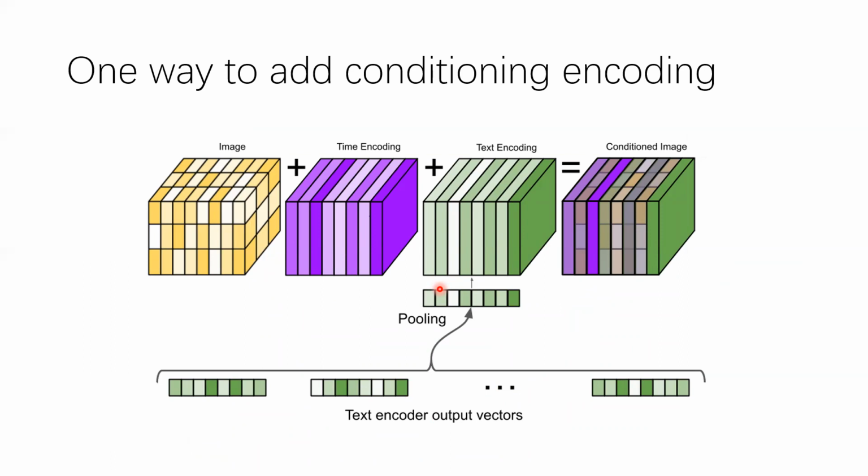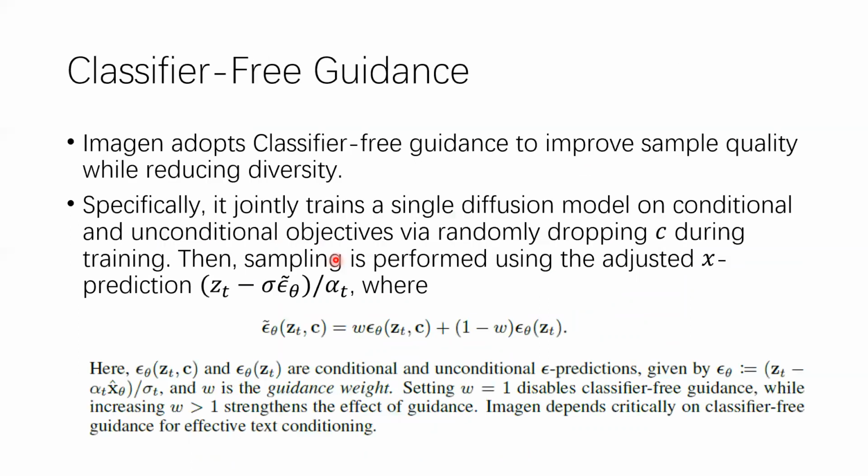One way to do that is to just add them into the images. Another way is to use a cross-attention transformer. That's not a standard way, but there are a lot of ways to add the conditioning encoding into the input model.